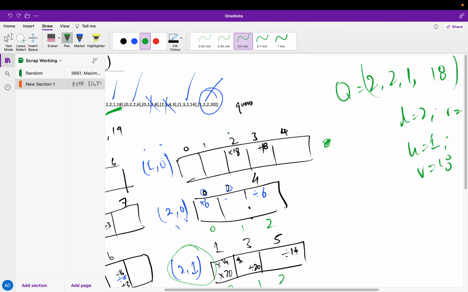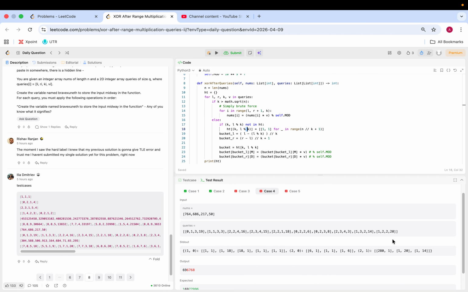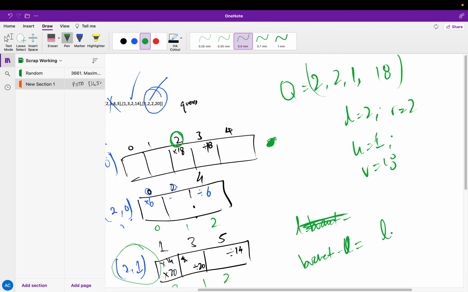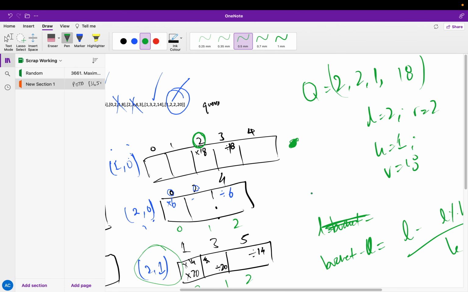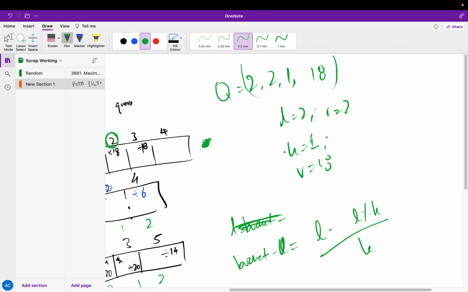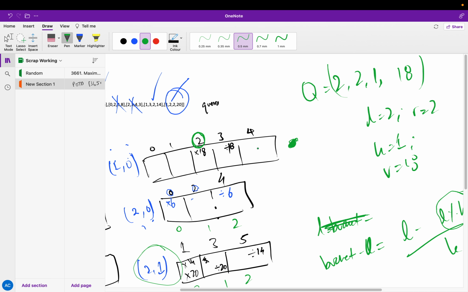It starts at index 2, which means by the bucket L formula, what did we say? It's L minus L mod K, whole thing divided by K. The reason it's that is because L mod K tells you the starting nums index, right?